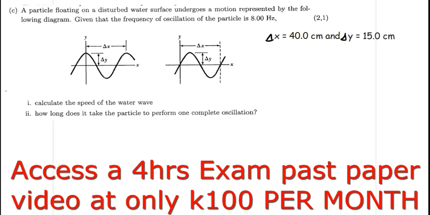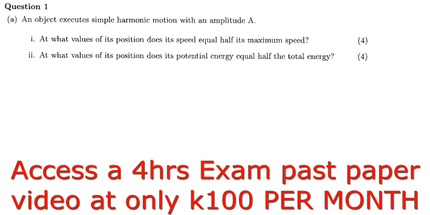Then 2 is saying how long does it take the particle to perform one complete oscillation. So I have this interesting question which came in the 2023 final exam. This question is very interesting in such a way that we need to think. So you need to think as you are solving this question.